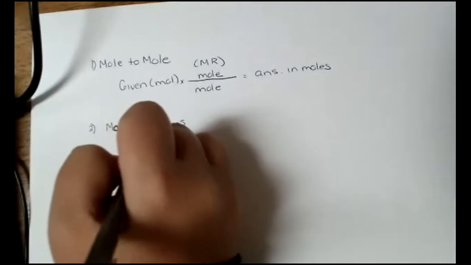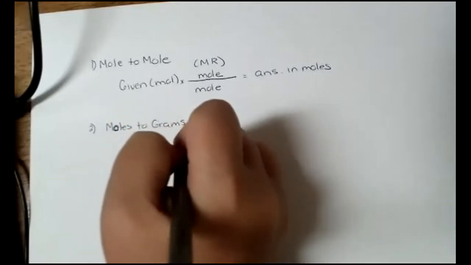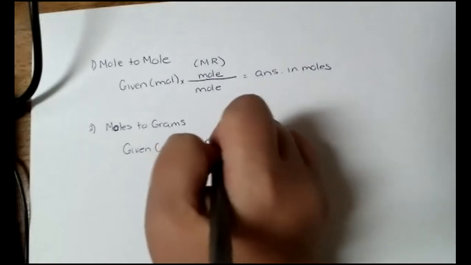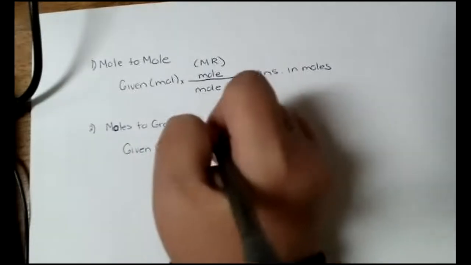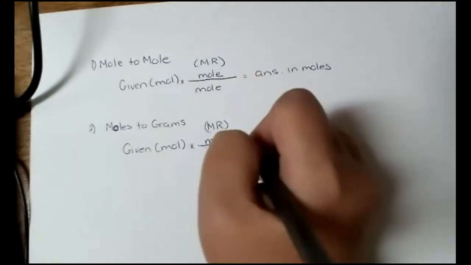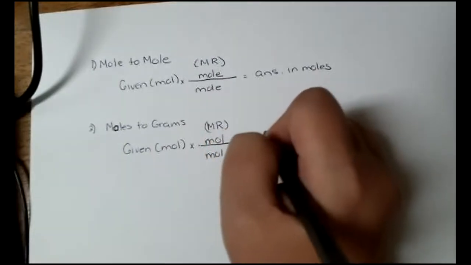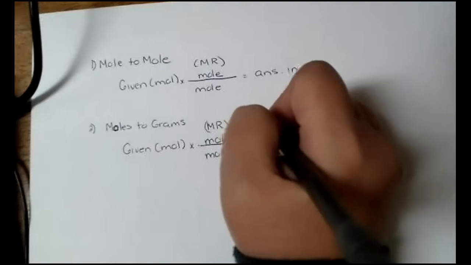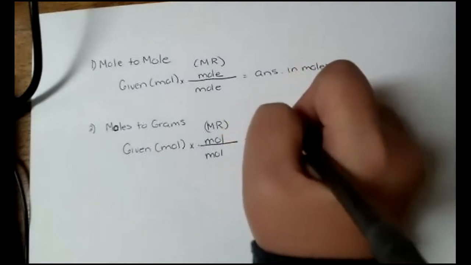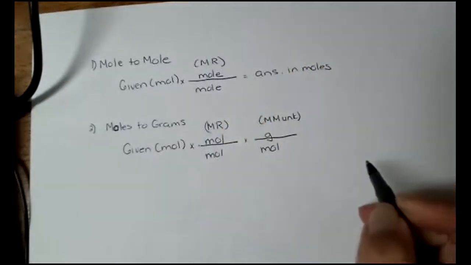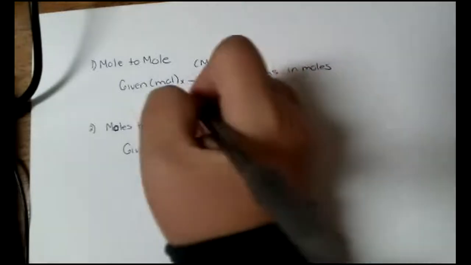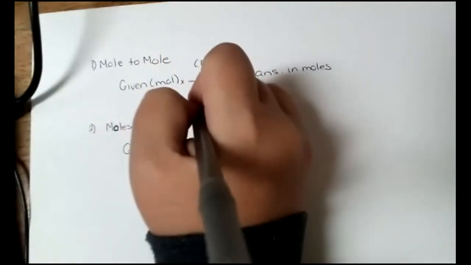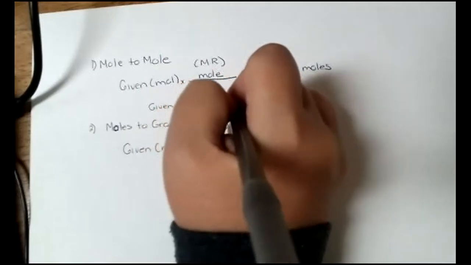So our given was in moles. We're going to put in our mole to mole ratio. And then we're going to put in the molar mass. And this is the molar mass of the unknown. Okay, so basically it's given times mole ratio gives you moles.